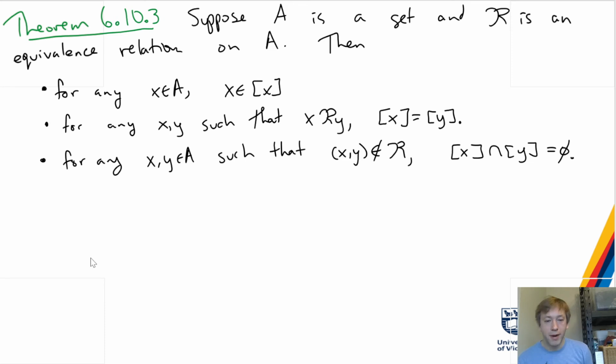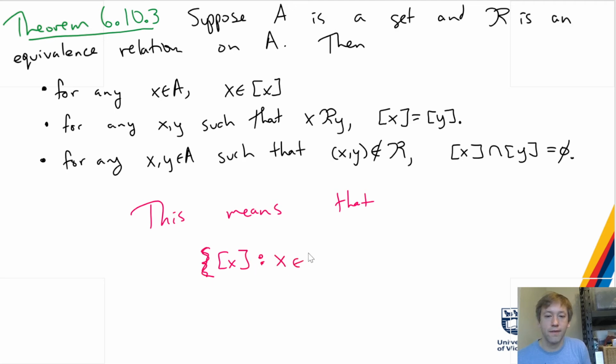Okay. The punchline here, the main purpose of this theorem, is that this means that the set of equivalence classes is a partition of A. This is the thing that I want you to really take away from this.